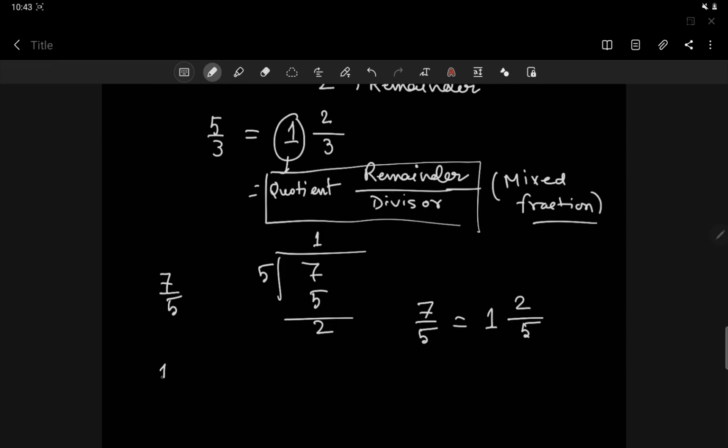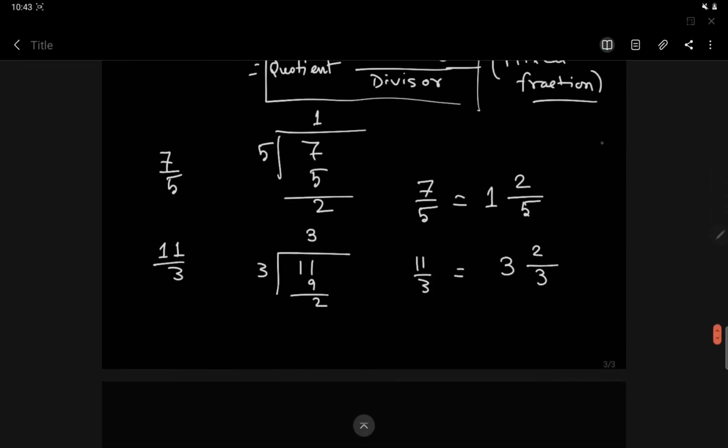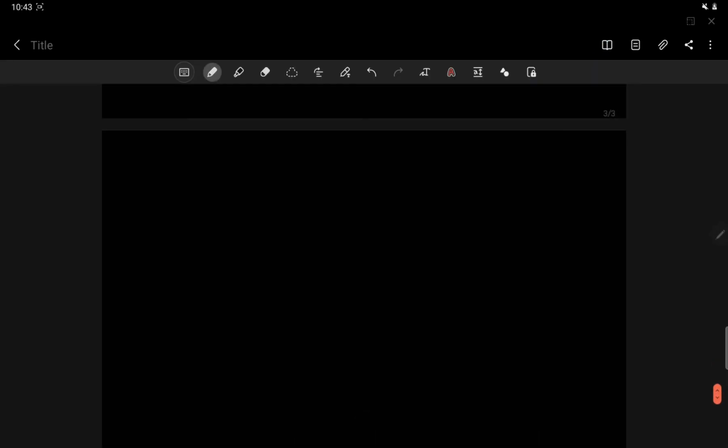If I take 11 by 3, 3 2s are 6 and 3 3s are 9, remainder 2. So 11 by 3 you can write as 3 and 2 by 3rd. So this is the way to form a mixed number or mixed fraction.